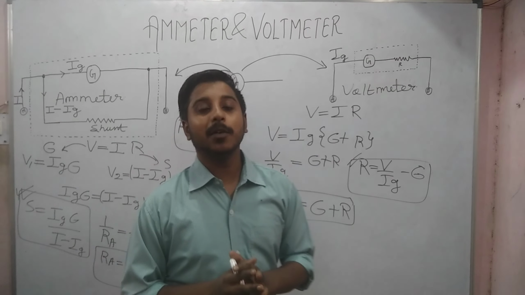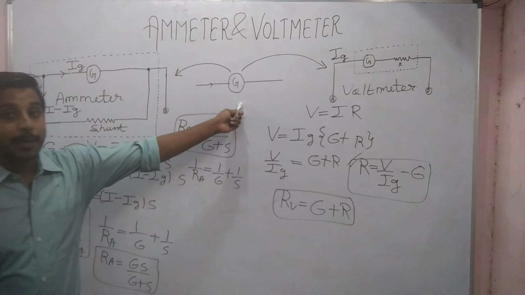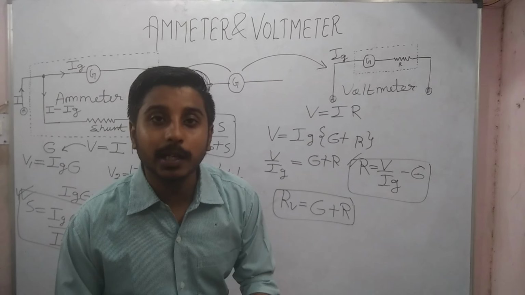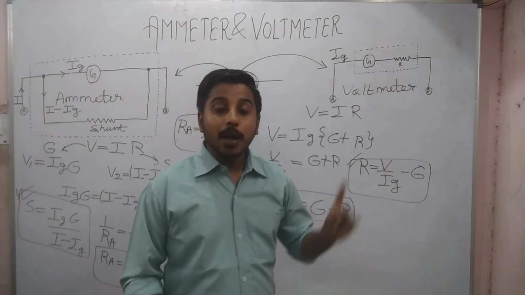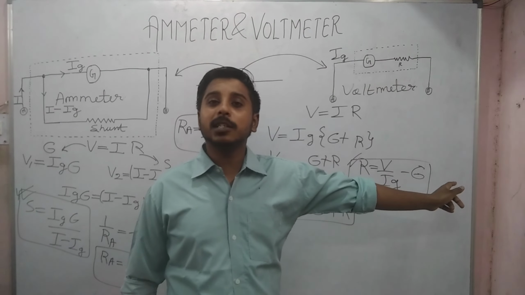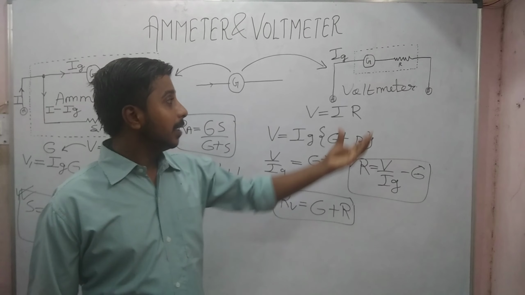So this was all about ammeter and voltmeter. Galvanometer can be converted into ammeter by adding a small resistance shunt in parallel, while galvanometer can also be converted into voltmeter by connecting a large resistance R in series. One is used to find current, the other is used to find voltage.